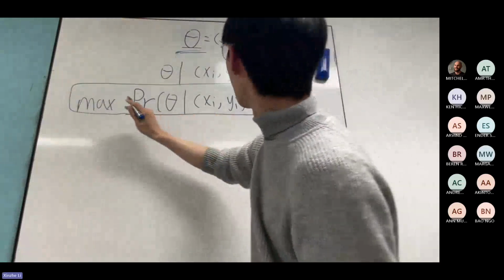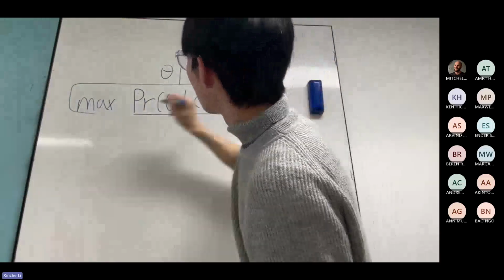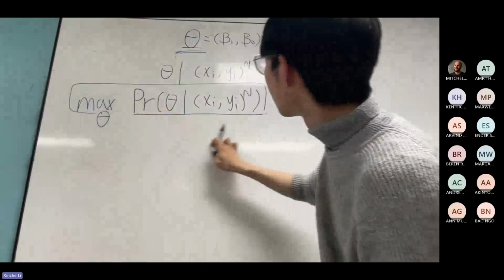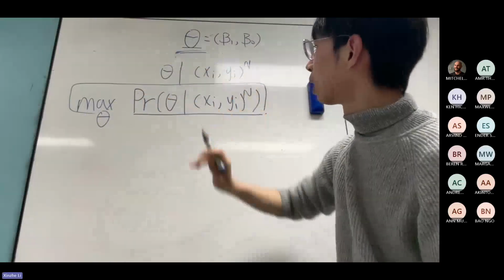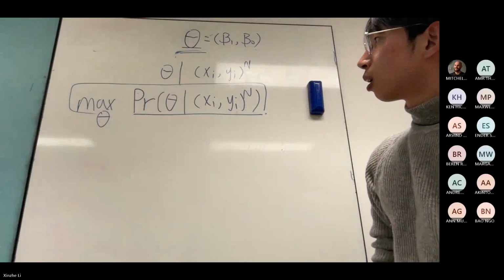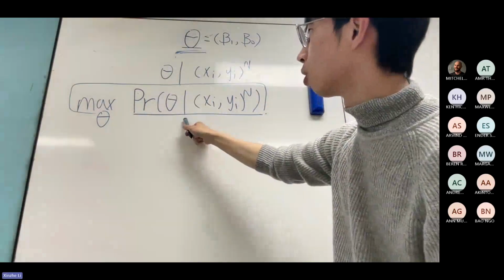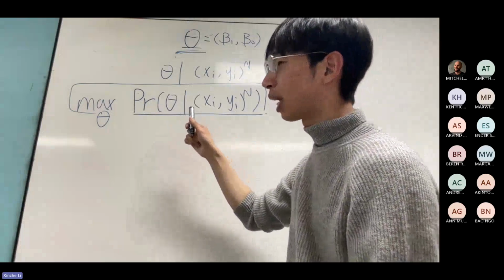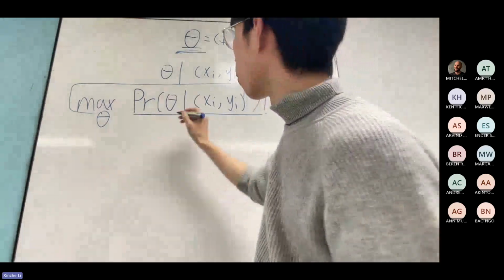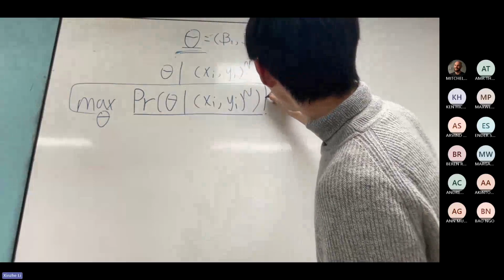But how can we find a theta that maximizes this probability? This is unsolvable, so we have to make it solvable. That's why we want to talk about something called likelihood.